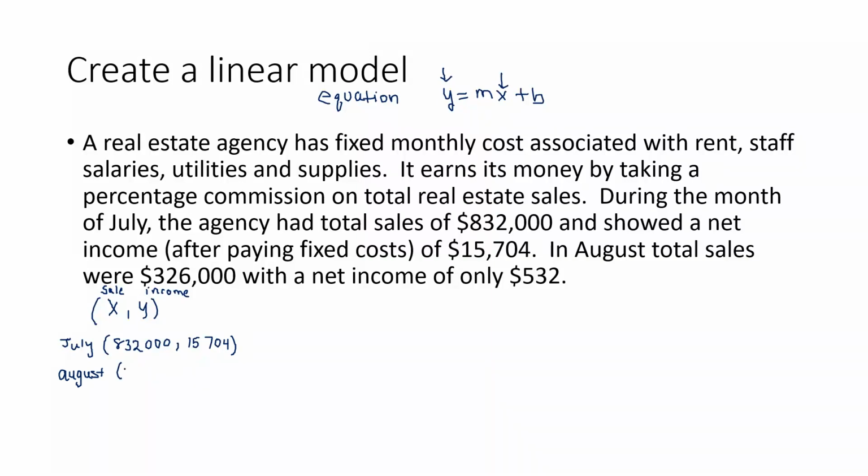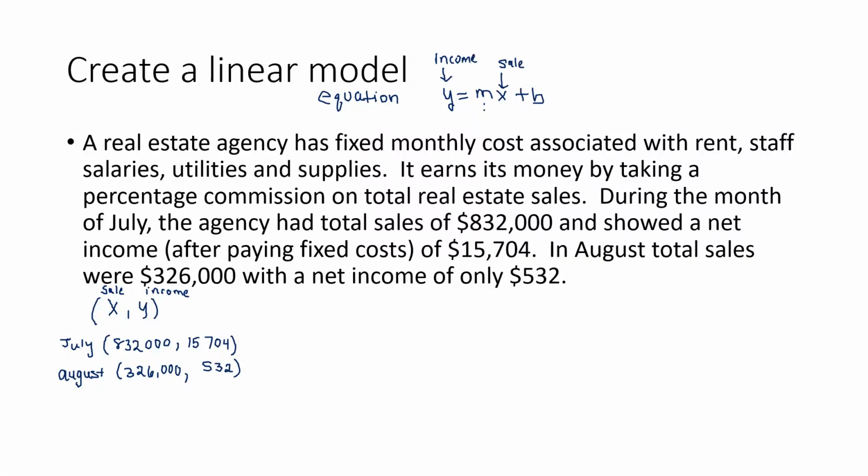So I see sales of $326,000 and I see income of $532. Now, in doing this, I see that x was my sales. So up here in my formula, I'm using x for the real estate sales, and I'm using y for the income. So I can define those two variables.